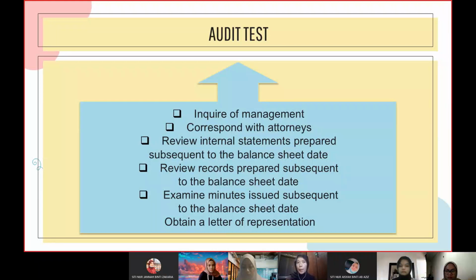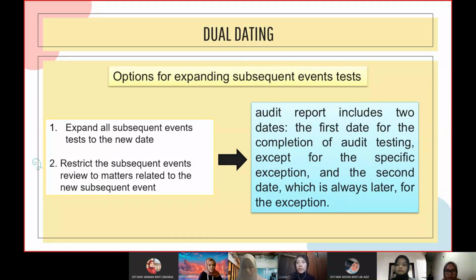Okay, next. In the option for expanding subsequent events tests, there is also dual dating. What is dual dating? It is expanding a subsequent event test to a new date, or restricting the subsequent event review to matters related to the new subsequent event. These two procedures mean that the audit report includes two dates.